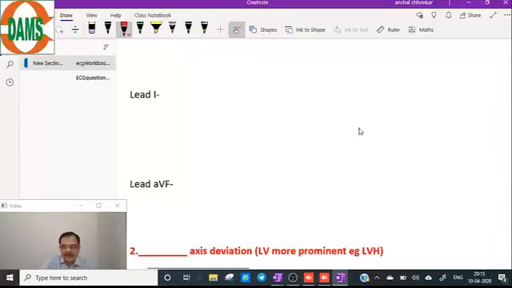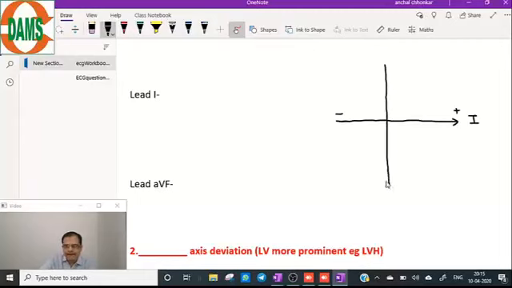Here is lead 1, plus minus, and AVF, plus minus. Why right axis deviation? Because the right ventricle has become more prominent.